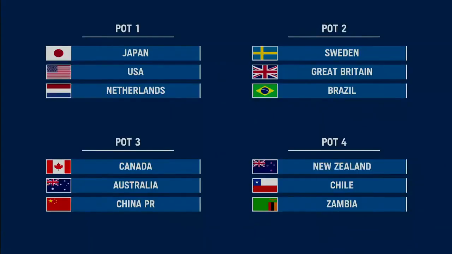Pot 1, on my right in front of Lindsay, contains our host team, Japan, as well as the highest ranked teams, USA and Netherlands. In Pot 2, there are Sweden, Great Britain and Brazil. Pot 3 includes Canada, Australia and China. And finally, in Pot 4, we have New Zealand, Chile and Zambia.